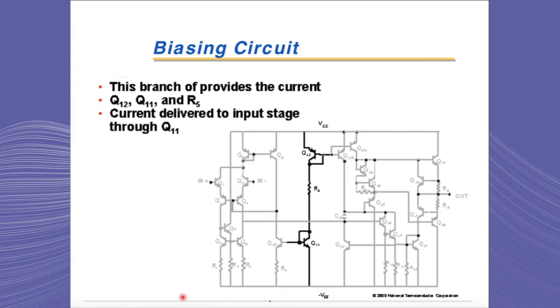For this particular design, the biasing branch consists of Q12, R5, and Q11. The current through R5 is equal to VCC minus VEE minus the two diode drops, divided by the value of R5. The current is seen at the base of Q11.